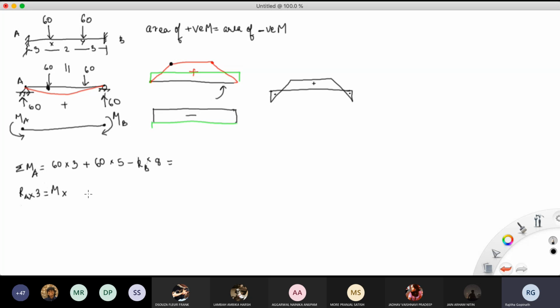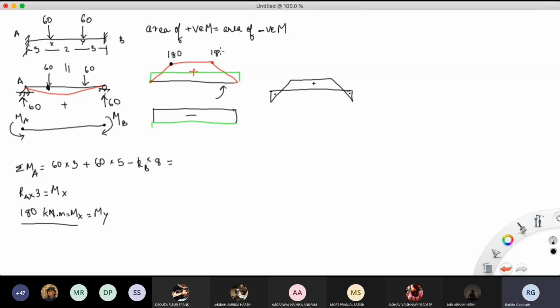Okay, so RA, since RA is 60, so 60 into 3, 180 kilonewton meter is equal to MX, right? So since there is symmetry here, we can also say that MX is equal to MY. Okay, so we can say that this is 180.